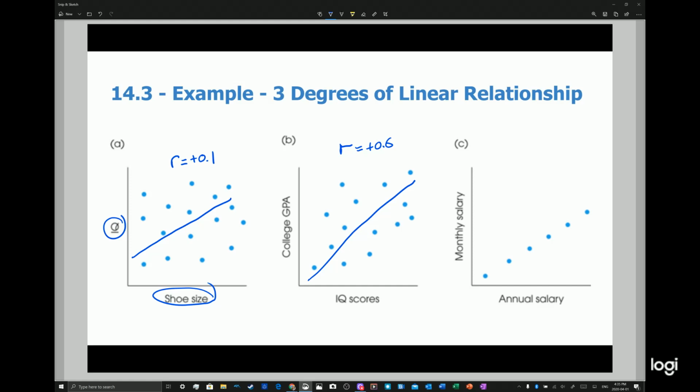Finally, is a really obvious one when you look at it: a person's salary per year and a person's salary per month. Obviously, if you get a higher annual salary, say $30,000 a year, $40,000 a year, $50,000 a year, you still get paid by the month, so your monthly salary also increases proportionally.